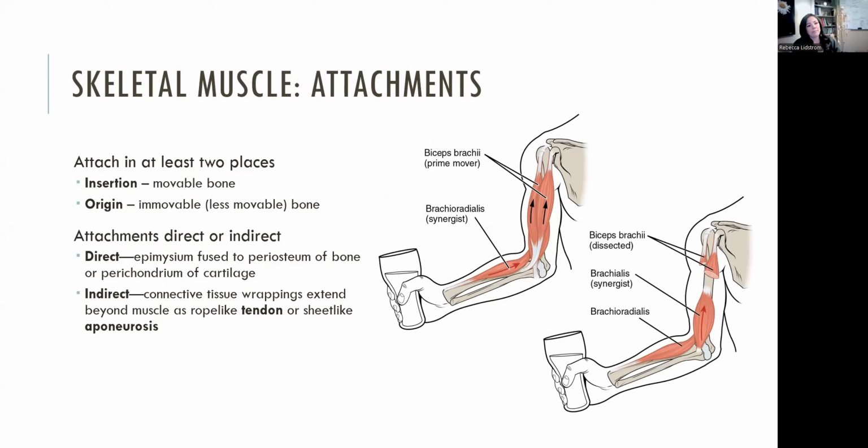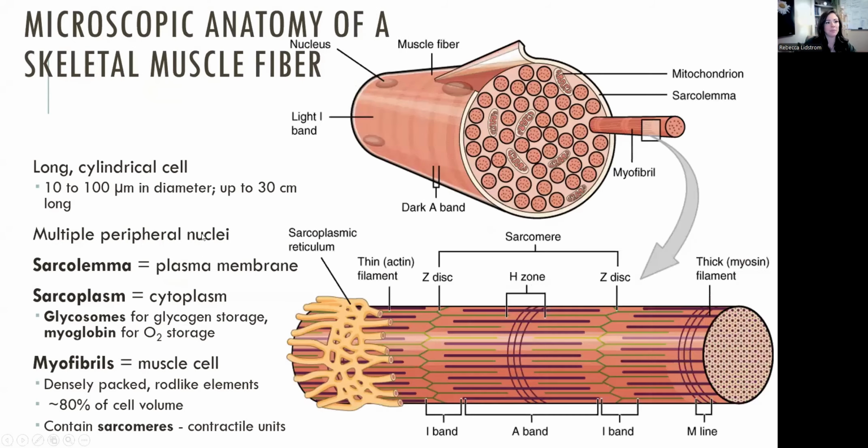Direct meaning epimysium fused to places like the periosteum of the bone or the perichondrium of the cartilage, so having a direct attachment point. We also can have indirect attachment points for our musculature, where the connective tissues extend beyond the muscle like a rope. It's called a tendon. Or sometimes it could be a sheet-like aponeurosis, kind of like a bunch of fibers coming together. So either direct or indirect.